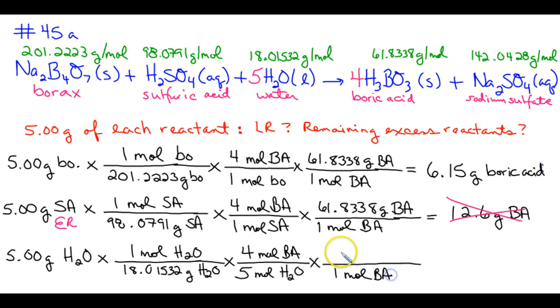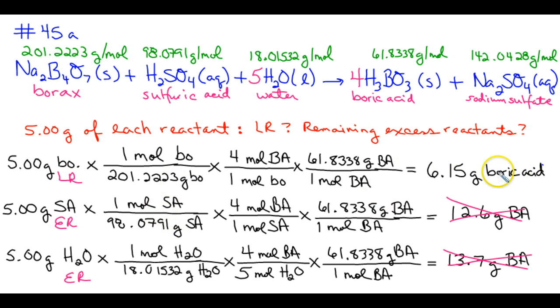And again, I'm going to grams. And you actually get 13.7 grams of boric acid. Not necessarily what you would expect. So therefore, both sulfuric acid and water are in excess. Borax is your limiting reactant, and the theoretical yield of boric acid is 6.15 grams.